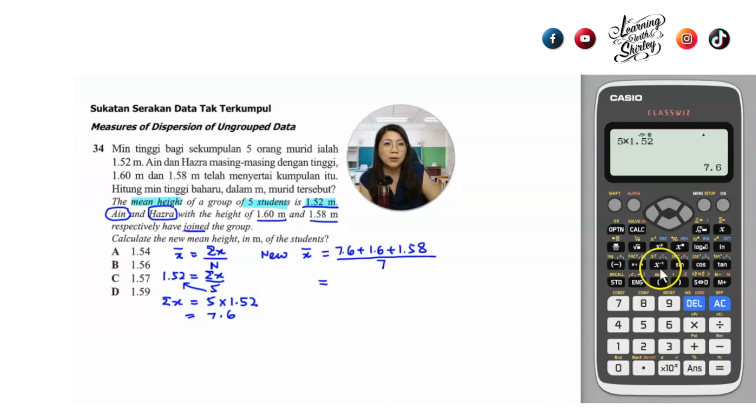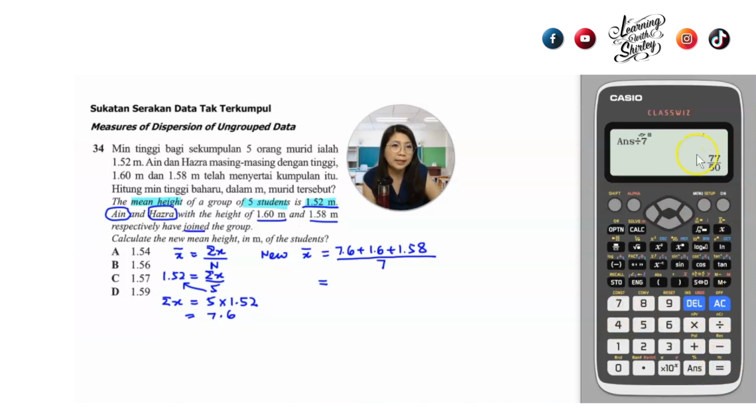So let's calculate: 7.6 plus 1.6 plus 1.58, then remember, you have to divide it by the number of students.